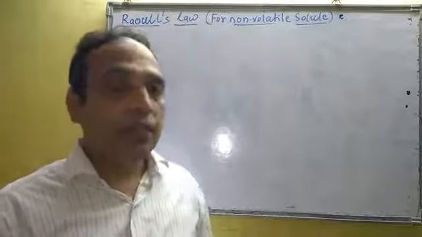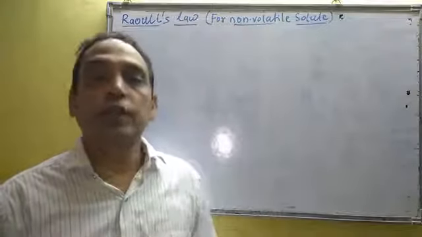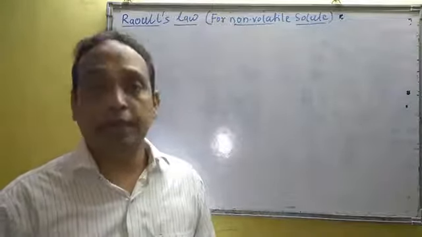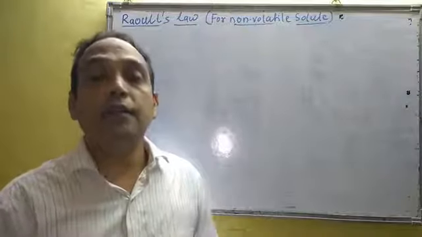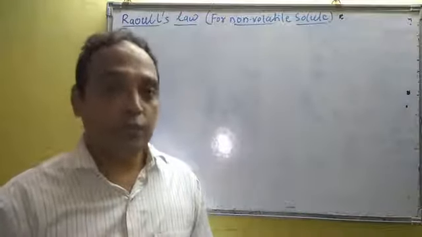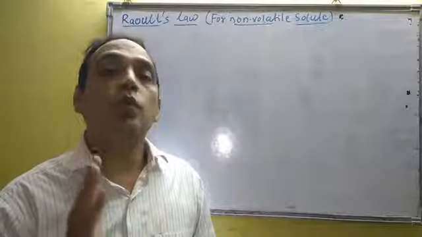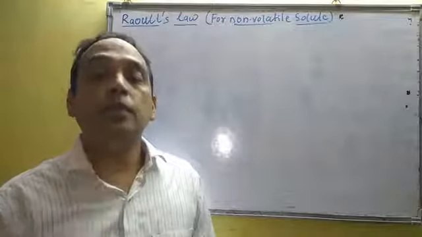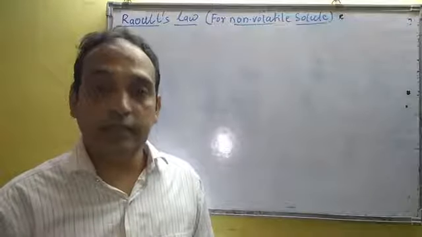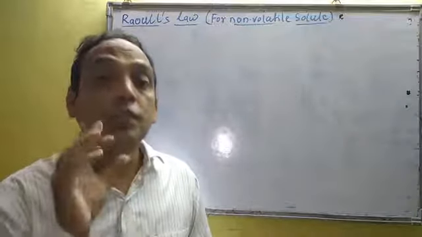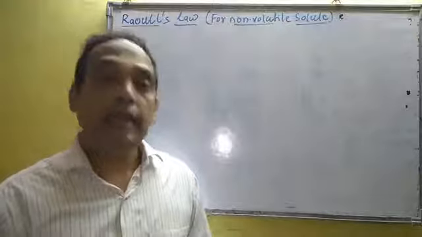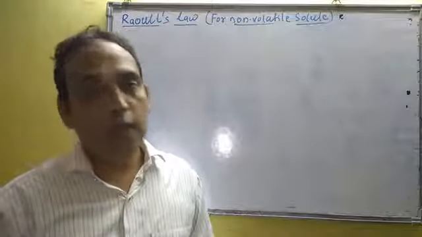After that, we have started in the second video lecture what is colligative property, and what are the different types of colligative property. Now, what is colligative property? We can say the property whose value depends upon the number of solute particles. It does not depend upon the nature of solute, and that property is called colligative property.